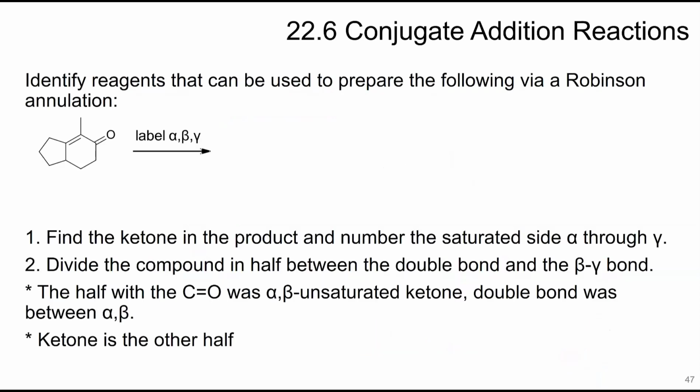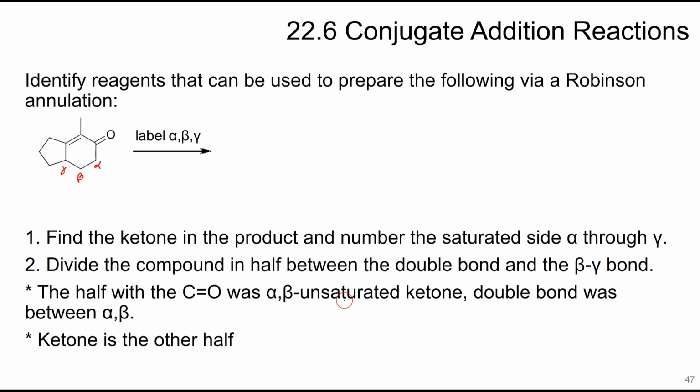Okay, so to identify reagents that can be used to prepare the following via a Robinson annulation, there are a couple of tricks here. You first want to label alpha, beta, and gamma on your ring, starting from the alpha position. So find the ketone in the product, which is here, and number the saturated side alpha, beta, gamma.